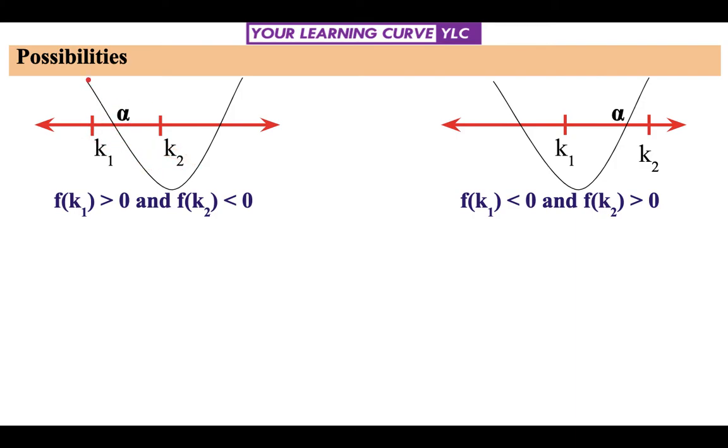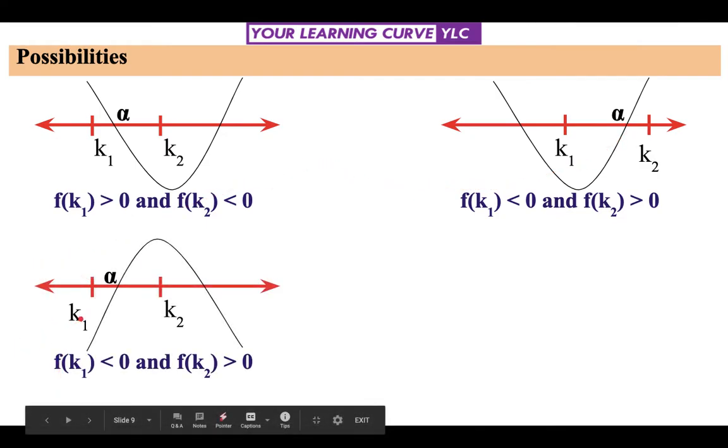So if one root lies between K1 and K2, and the parabola is upwards, then it goes down, and it again goes up and cuts the x-axis at some point beyond K2, or it is coming from plus infinity, cuts the x-axis before K1 and then takes a turn, goes up and cuts in between K1 and K2.